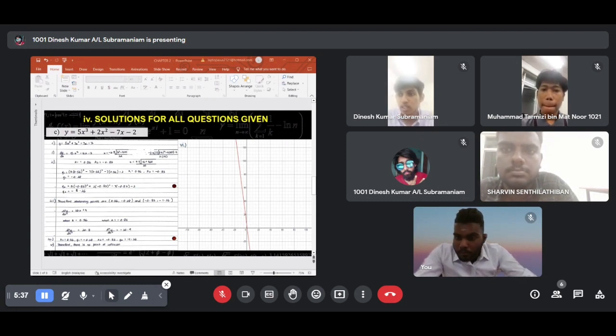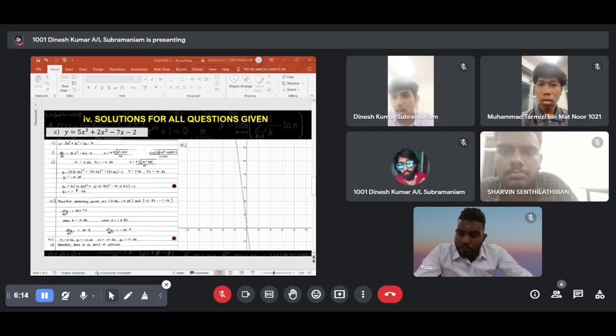When x1 equals 0.56, d squared y over dx squared equals 20.8, and when x equals negative 0.83, d squared y over dx squared equals negative 20.9. The next question asks to determine the x-intercept and y-intercept. The answer is x1 equals 0.56 and y1 equals negative 0.28, and x2 equals negative 0.83 and y2 equals negative 1.26.